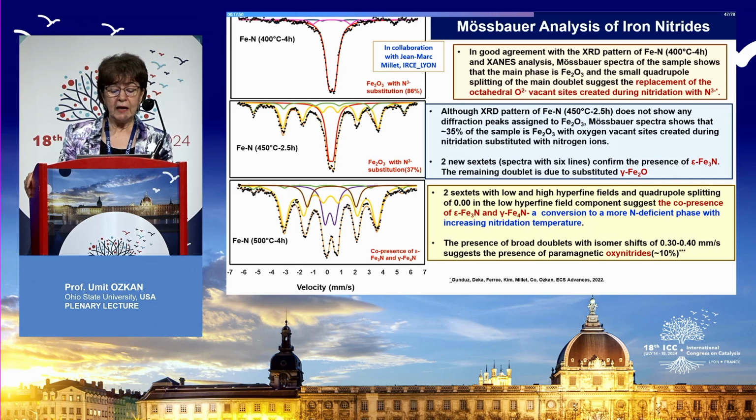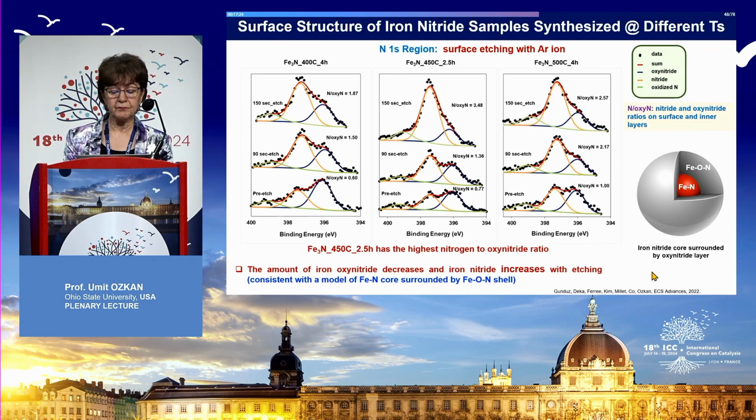So we, again, see at 400 degrees centigrade, there are two sextets, and as temperature increases, we begin to see Fe3N formation, and also at higher temperatures, Fe4N formation, as you can see here. So we clearly have an oxynitride phase.